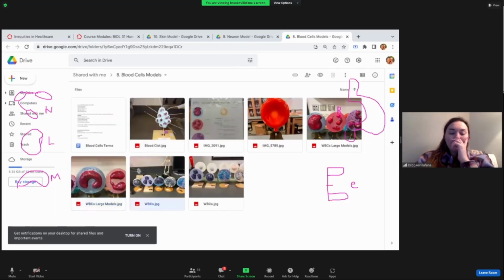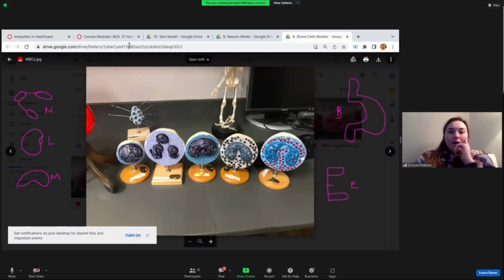All right, so for these little guys, some of the stuff looks very similar, which is good, and then other stuff does look different. So this is going to be your L for lymphocyte. This is your N for neutrophil. And then this is your monocyte here. The monocyte, in my opinion, has a bean shape. That's how you can remember monocyte. Like I said, neutrophil always has these three little lines.